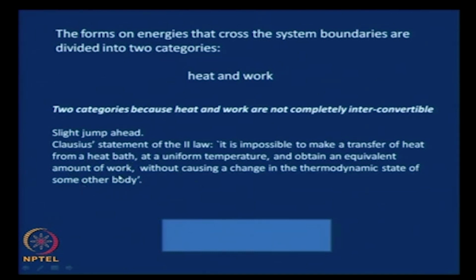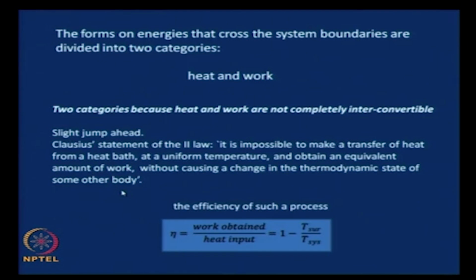That is a complete statement of the second law. Let me read it again to get it across a little better. It is impossible to make a transfer of heat from a heat bath at the uniform temperature and obtain an equivalent amount of work without causing a change in the thermodynamic state of some other body.